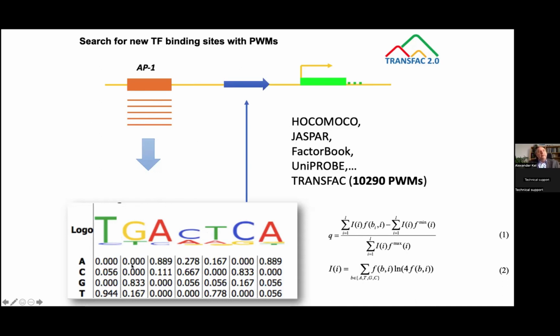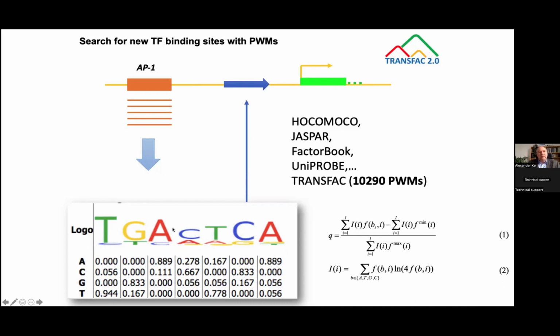Then we basically count how many times a particular nucleotide was found in a particular position in that site. And then you see those cases when almost in all cases T is staying here in the first place. Then this letter is big in that logo plot.